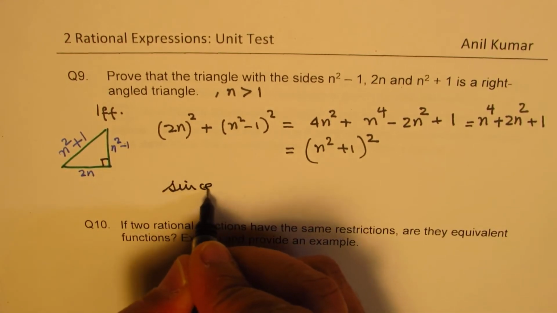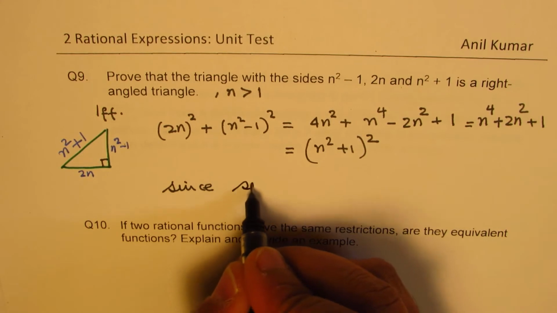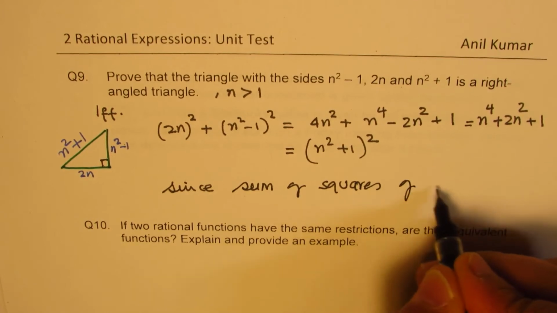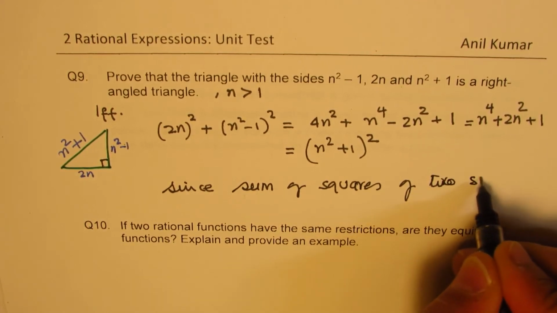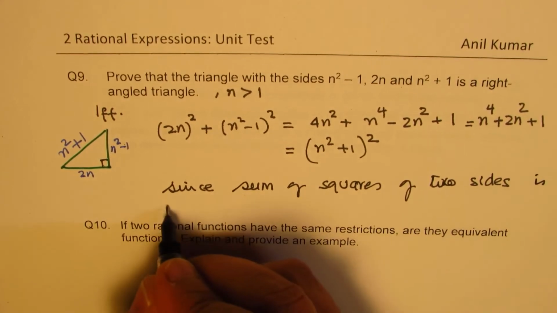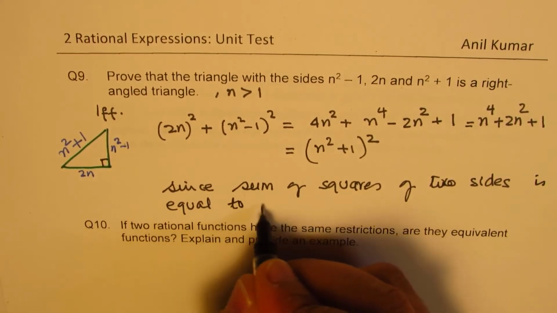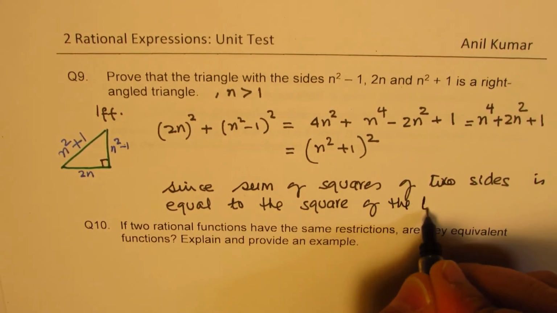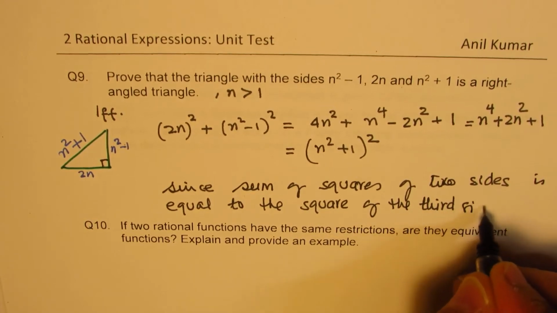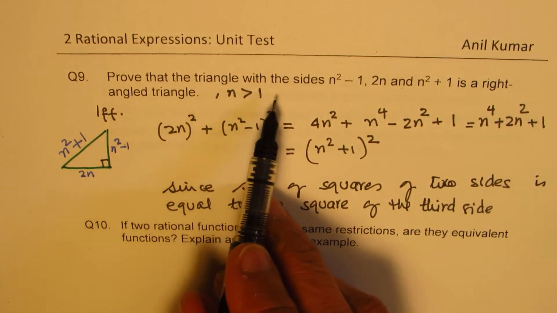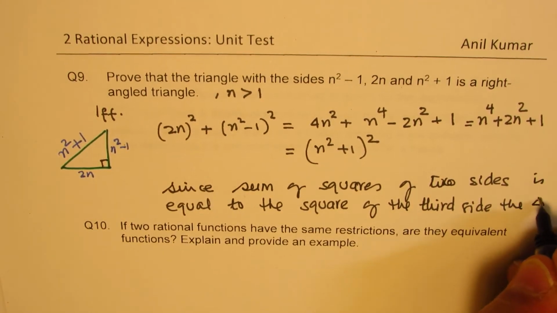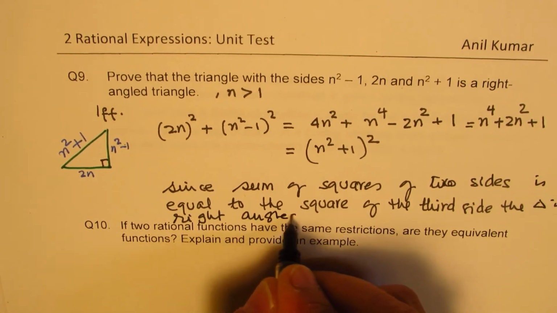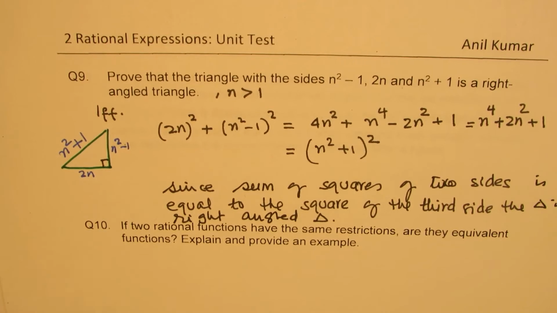Since the sum of squares of two sides is equal to the square of the third side, the triangle is a right angle triangle. Is that clear to you, right?